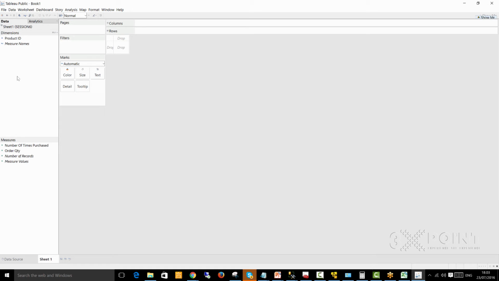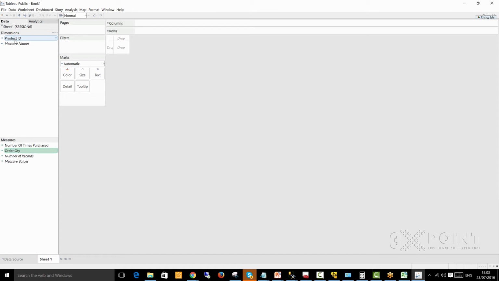You can use your technicality, what you already know, to repair that situation and say, okay, no, you're not a measure, go into the dimensions column. You're not a dimension, you should be with the measures. And if you click on this arrow and go into, no, by the time we move it there, I'll show you what I intend to do.